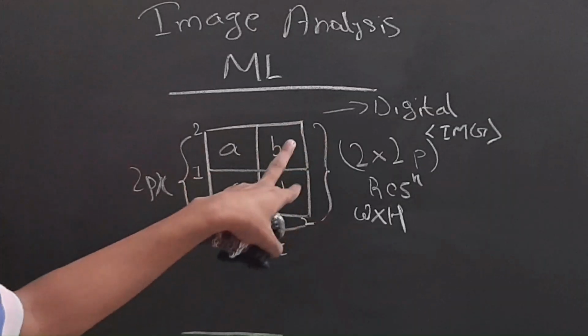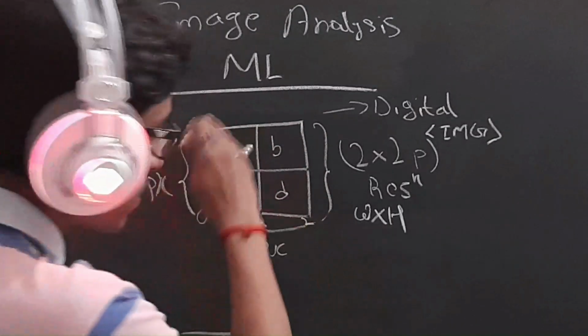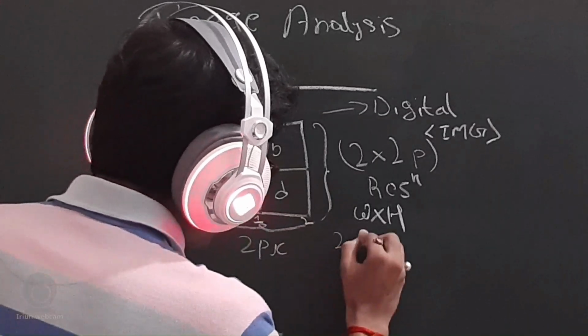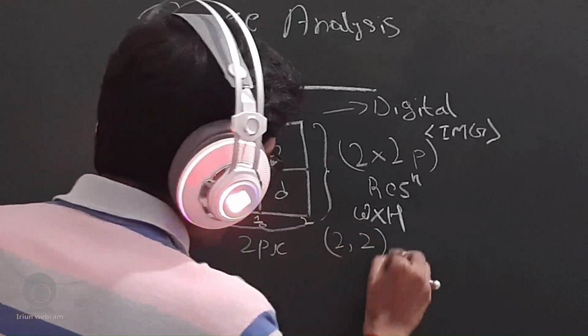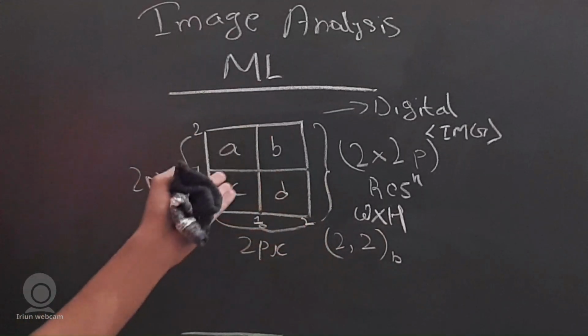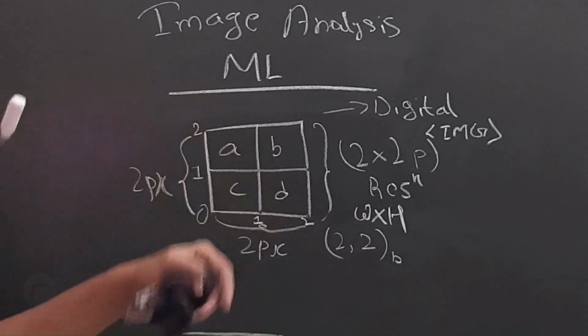Suppose we have to locate pixel B. So the location of pixel B, according to the coordinates, will be 2 comma 2. This concept was introduced because we cannot name pixels in the form of A, B, C, D. That's just an example, forget this.